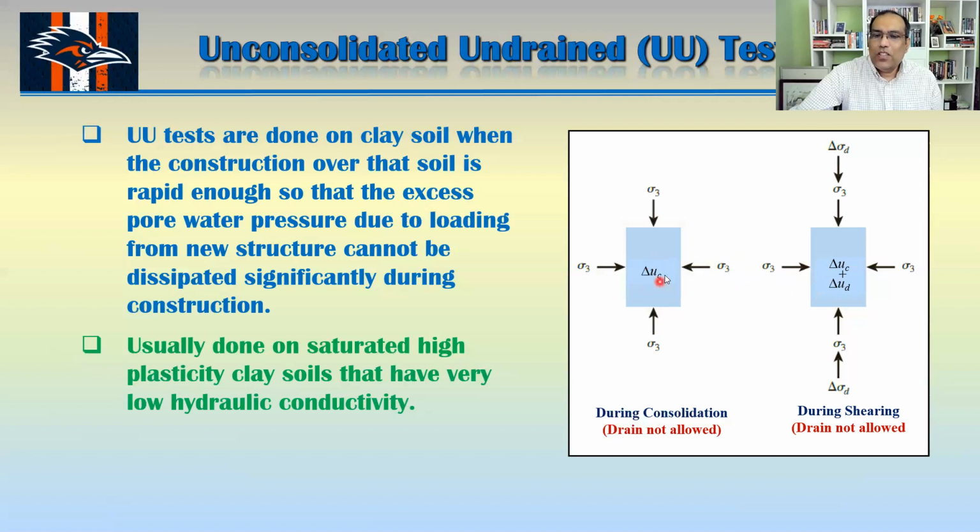This one is the change in pore water pressure because of the confining stress, and this is the change in pore water pressure due to the confining stress as well as the deviator stress. So both of them create pore water pressure inside the specimen.